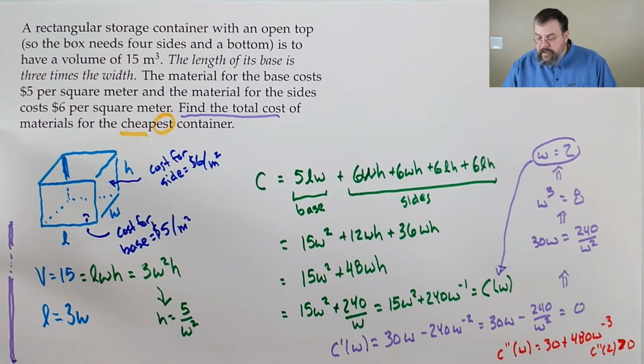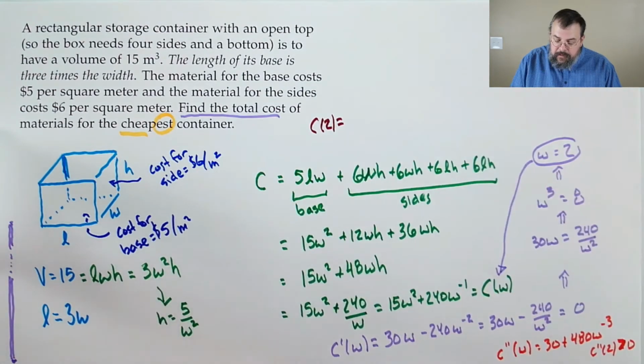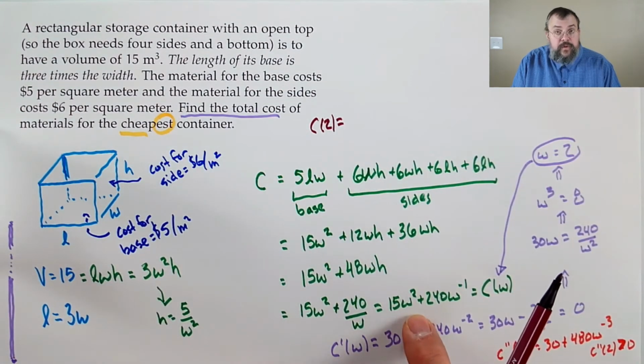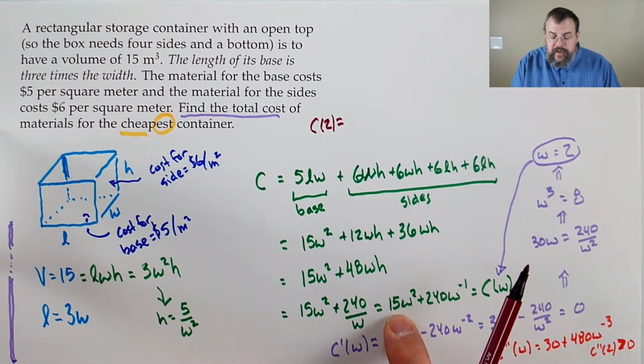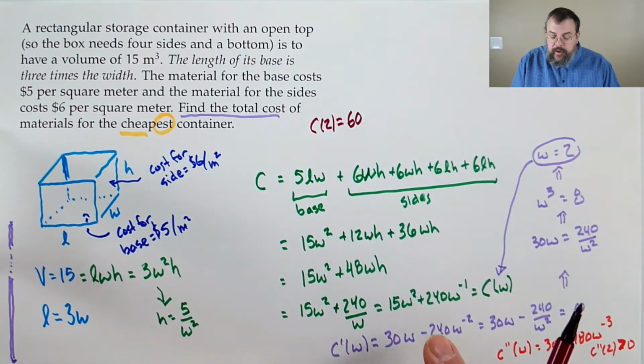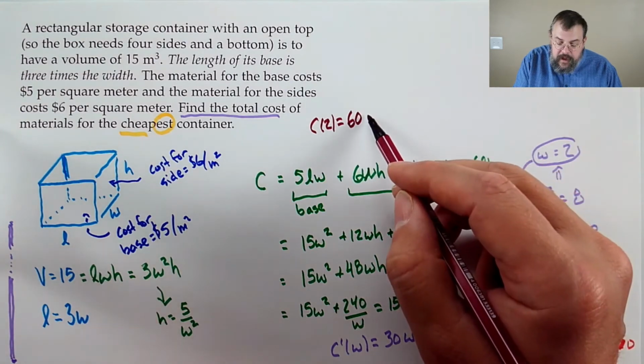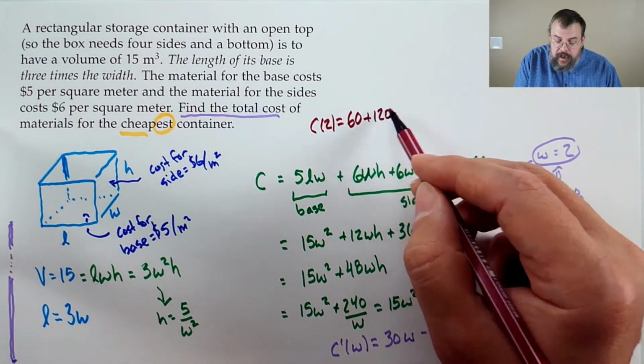So our final answer would be our cost at 2, which would be 15 times 2 squared. 15 times 4 is 60. Plus 240 times w to the minus 1. Well, that's 240 times a half, so that's going to be 120.